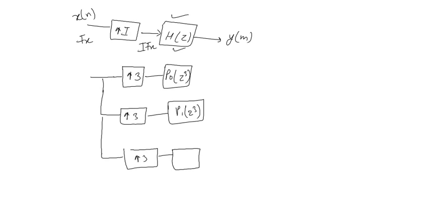This will be p2 of z to the power 3, and here z inverse will come. Okay, please note that z inverse was here in the case of decimation, now it is here.